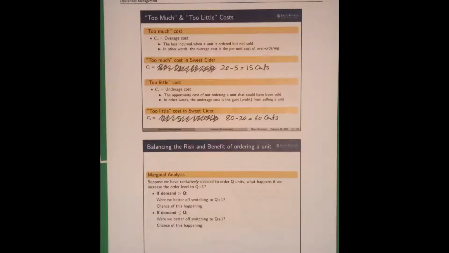If you order too little inventory, the good thing is that most likely you are not going to salvage your product. But the negative thing is that you are probably not going to have enough inventory for everyone. So again, the question is, what is the happy medium somewhere in the middle?